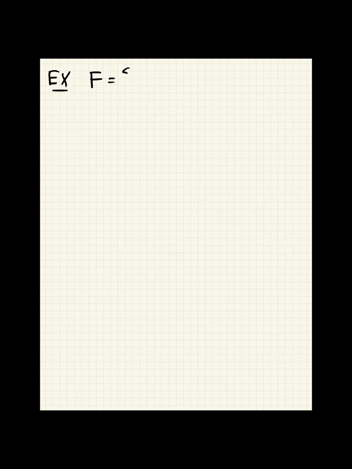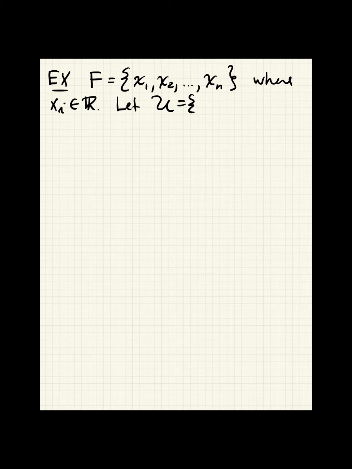Let's consider F to be not just a singleton set, but let's just say it's a finite set of real numbers. Okay. Now let's let U be a collection of open intervals where they range through an index set.